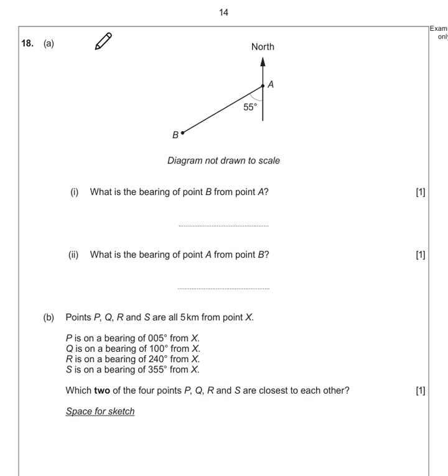So bearings, 3 things we need to remember when it comes to bearings. They go from the north arrow and they go clockwise, and they have 3 digits. Okay, so the really important thing, because we sometimes can get confused by the language here, it's starting from point A. So from point A, from the north arrow clockwise, is this angle.